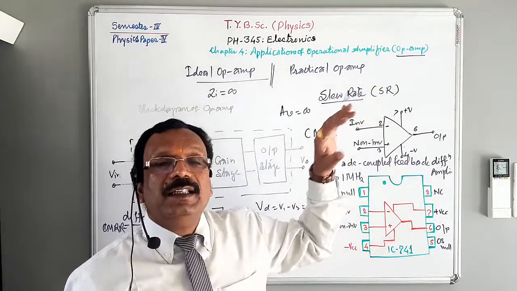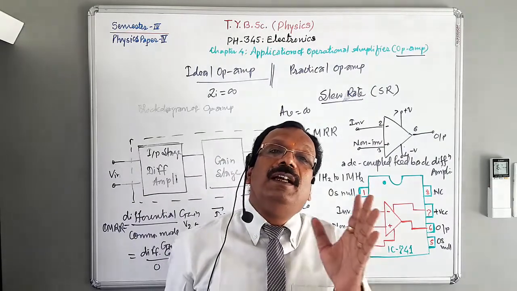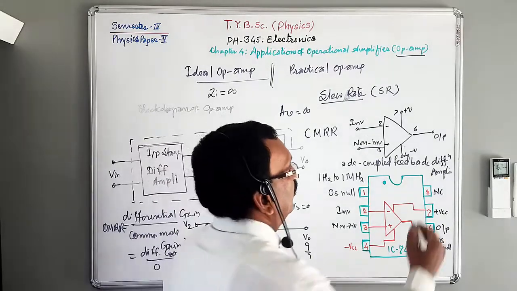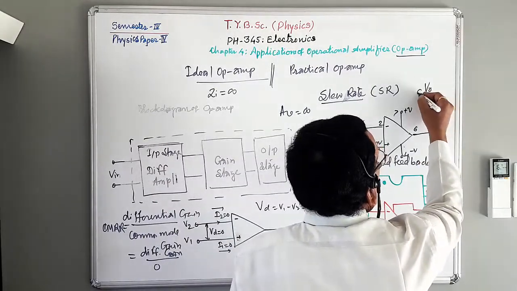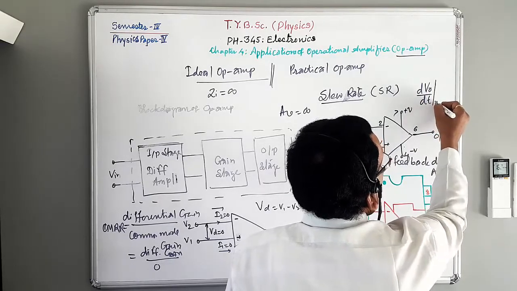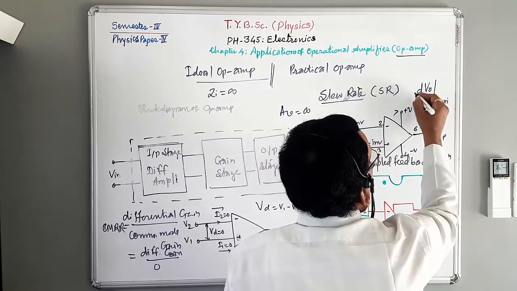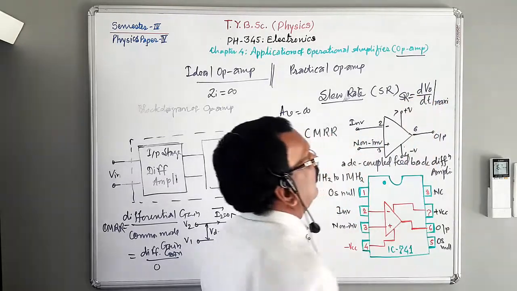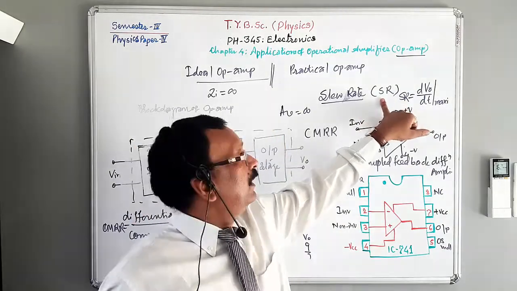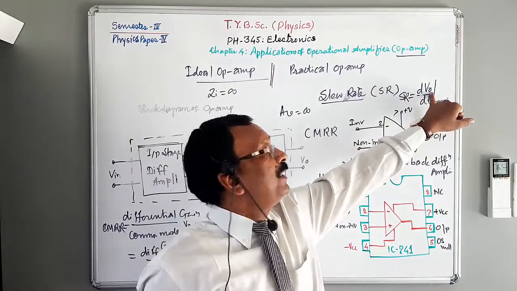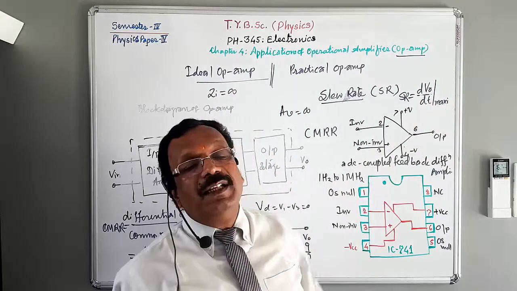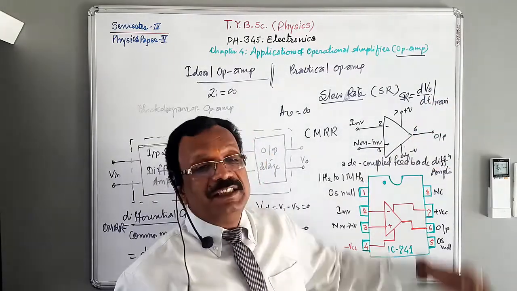Slew rate is defined as the maximum rate of change of output voltage per unit time, that is dV0 by dt at maximum.